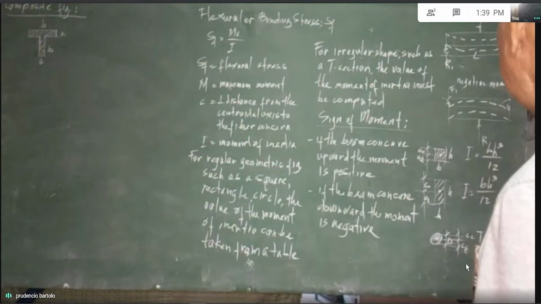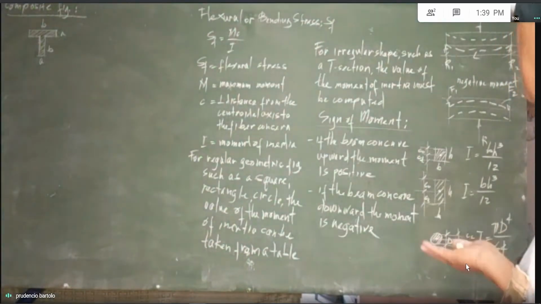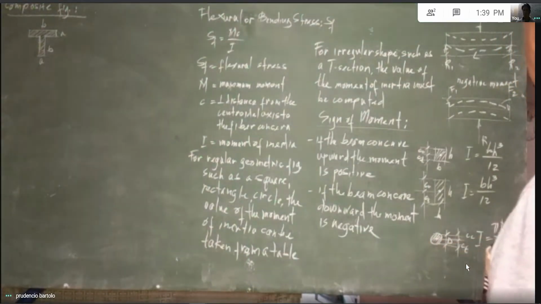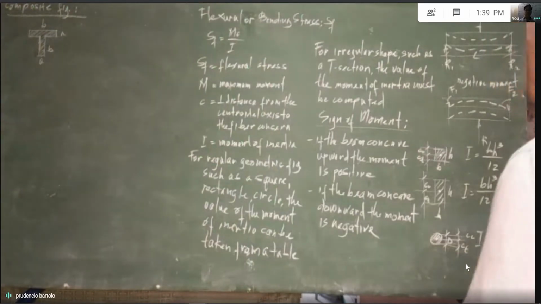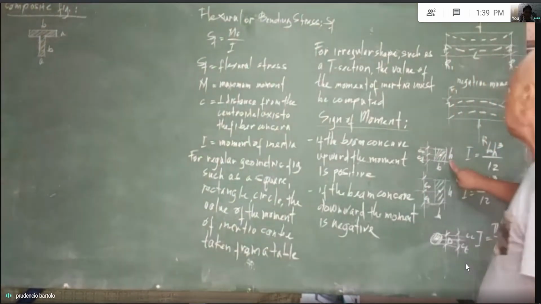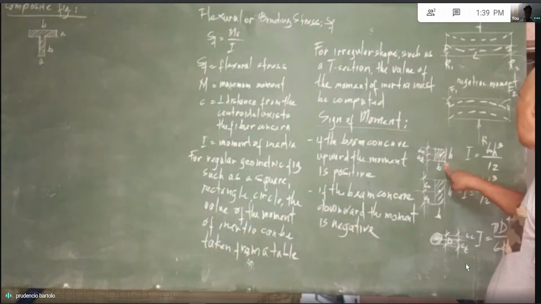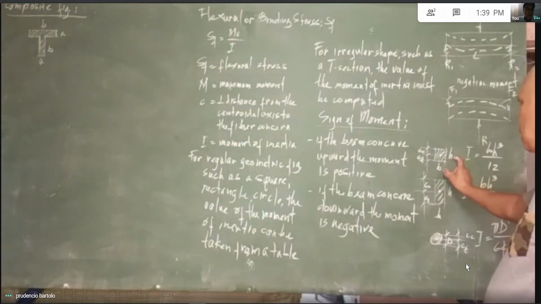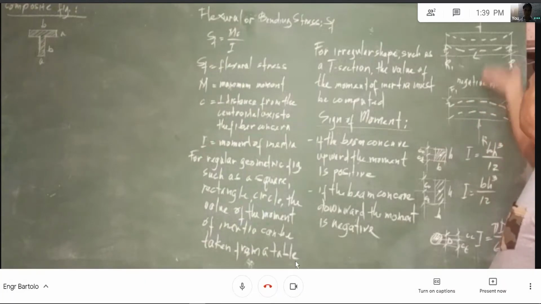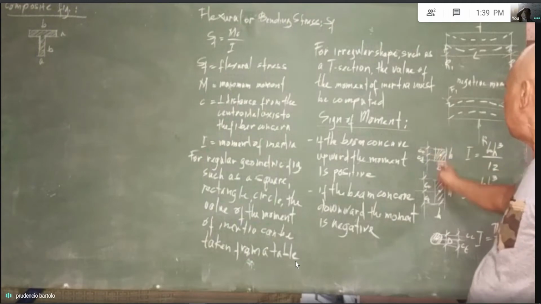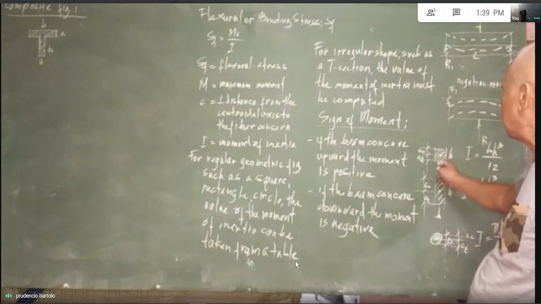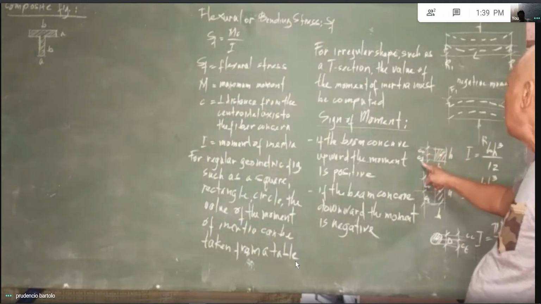Now, considering the moment of inertia for a regular geometric figure, such as a square, B and H will be equal. Whether a negative or positive moment is acting, either fiber will be subjected to compression or tension.